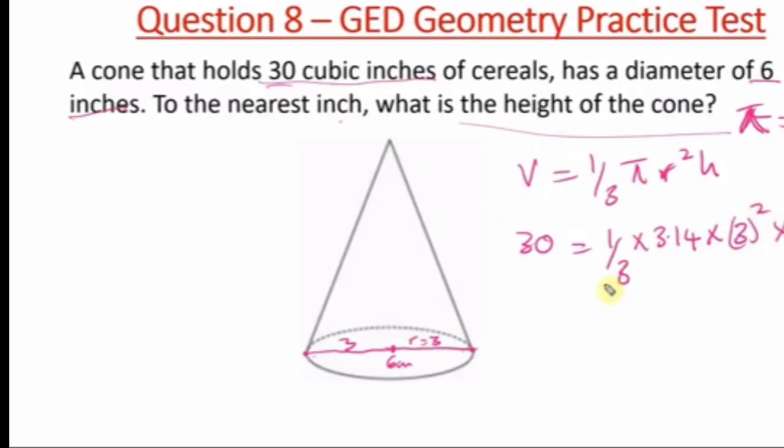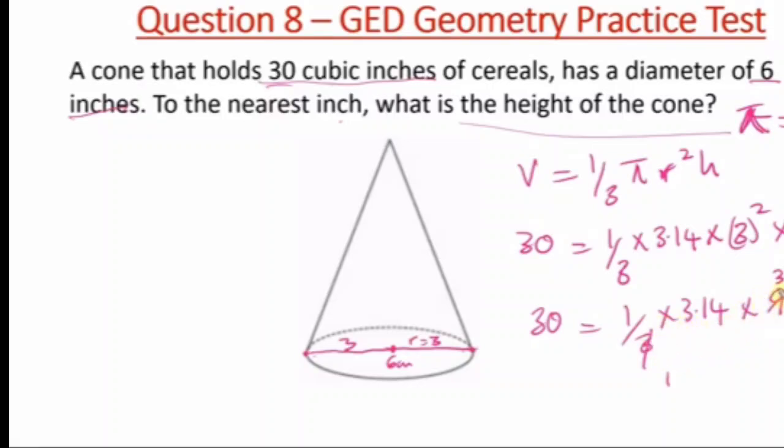That's the height. So from here, we have 30 is equal to 1 over 3 times 3.14 times 3 square, which is 9, times h. I can cancel out 3 here. I'm just breaking this down for simplification, but you can just use your calculator.